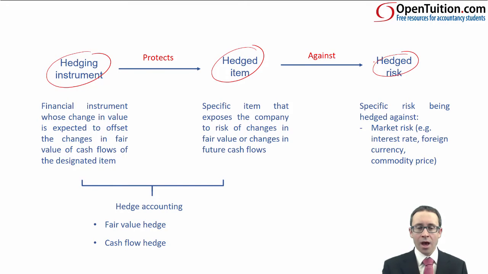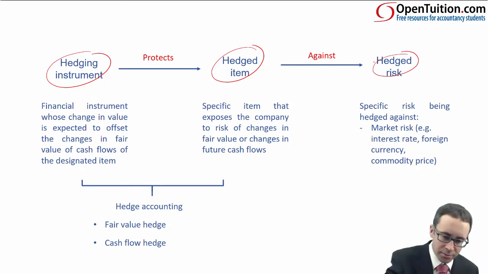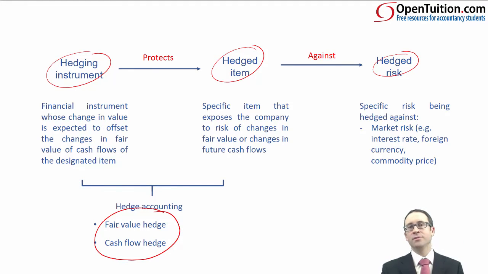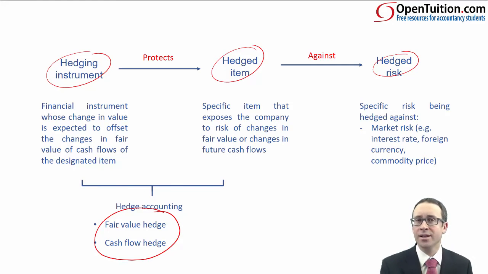Okay. What we're going to go through and touch upon once we finish this introduction is we're going to look at the specific hedge accounting that we have. There are two specific types of hedge accounting: fair value and cash flow. Presumably, fair value is whereby you're trying to protect the fair value of your specific item, and cash flow is where you are trying to protect the specific future cash flow with a specific hedging instrument.